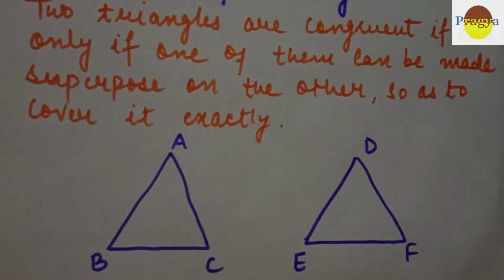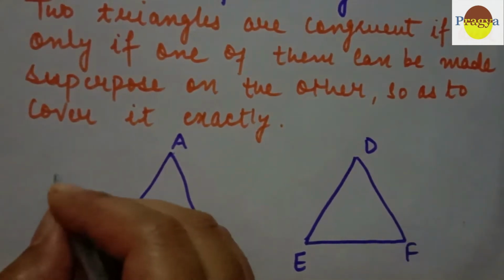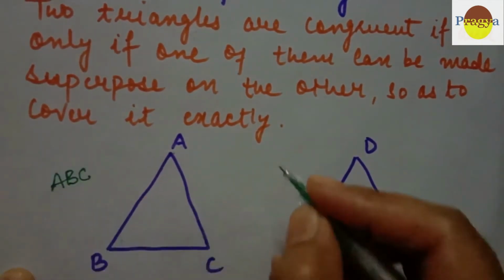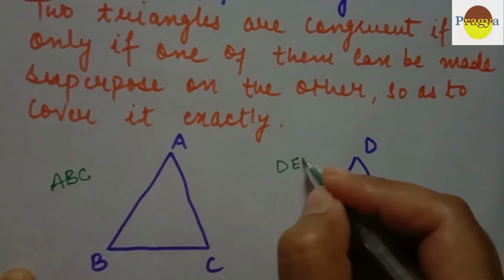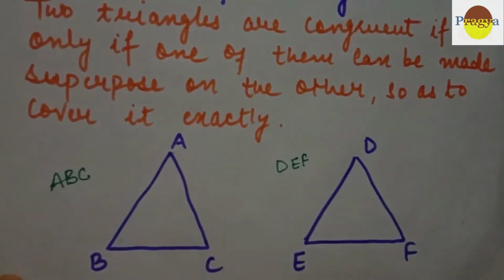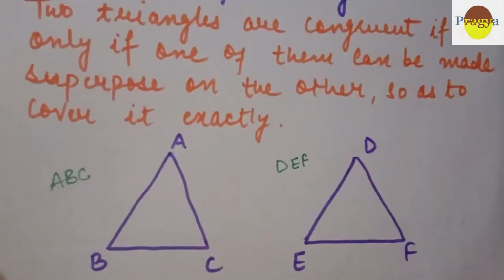That is about vertices. We have 6 equalities in these two triangles. What are they?